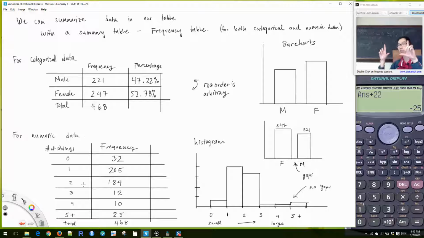You create small ranges and the table would work in the exact same way. You would just count how many people fit within that certain range, and then you could build up your histogram accordingly. Is that good? Okay.